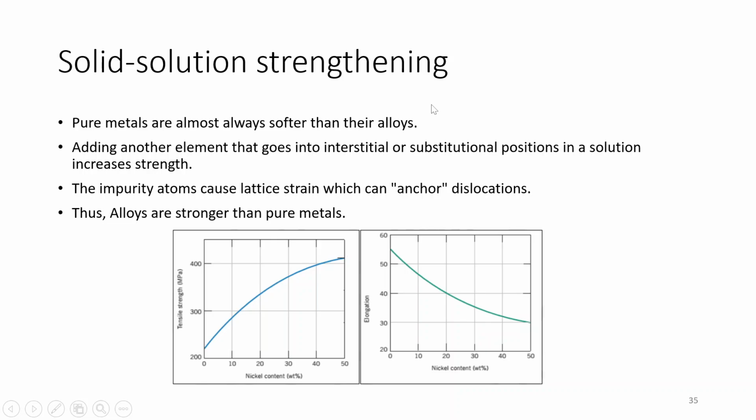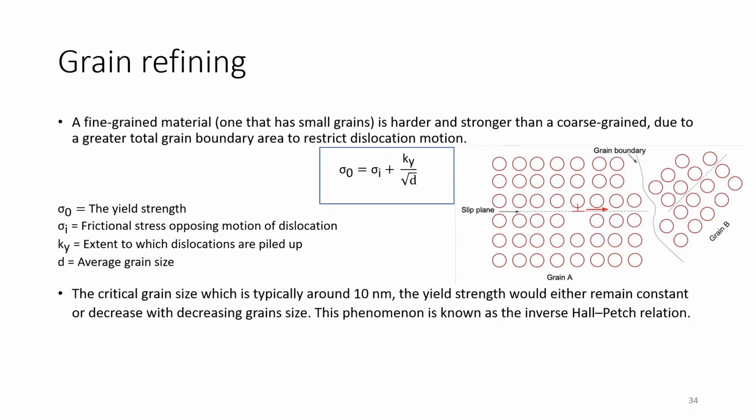Ma'am, if grain size increases, that means the material is weak, right? If your material has a bigger grain size, then your number of grain boundaries will be less, right? Yes. If the number of grain boundaries keeps increasing, your density of grain boundaries is increasing, then the more barriers there will be in your material.